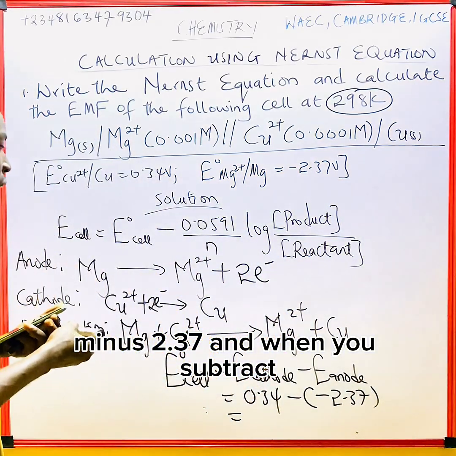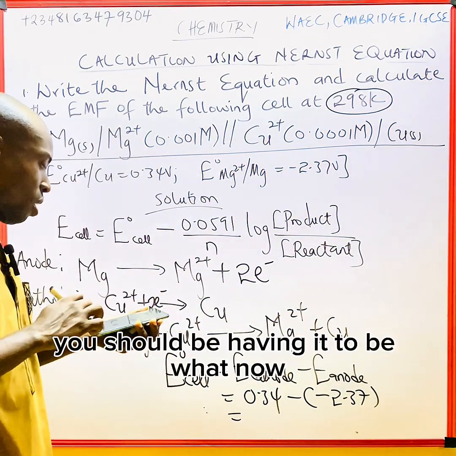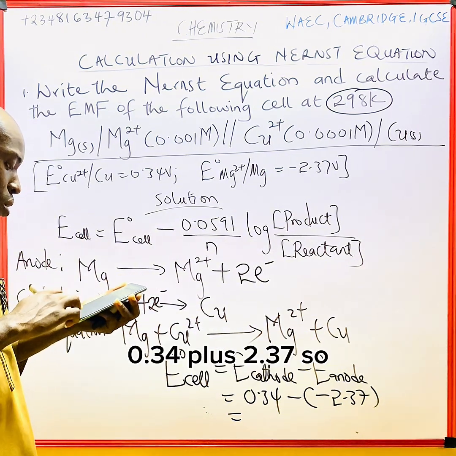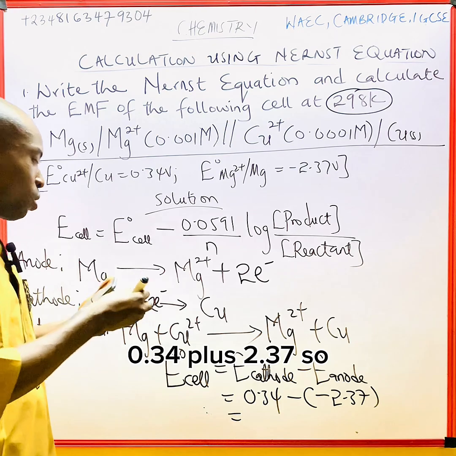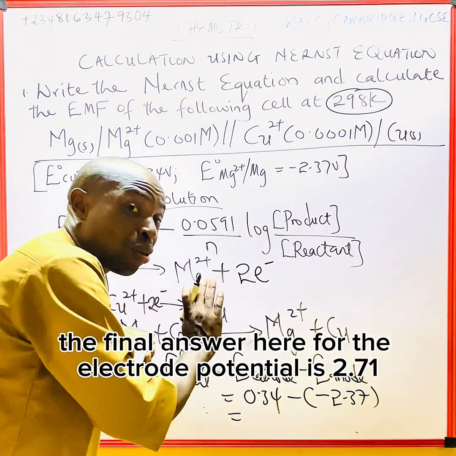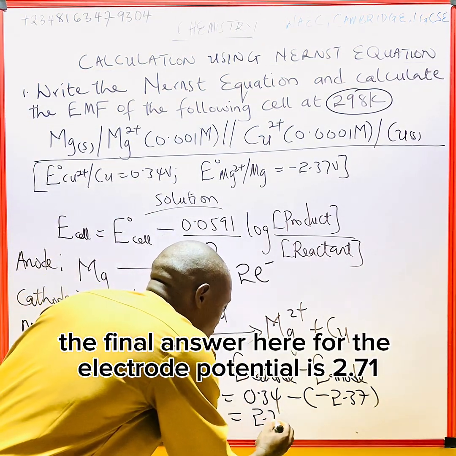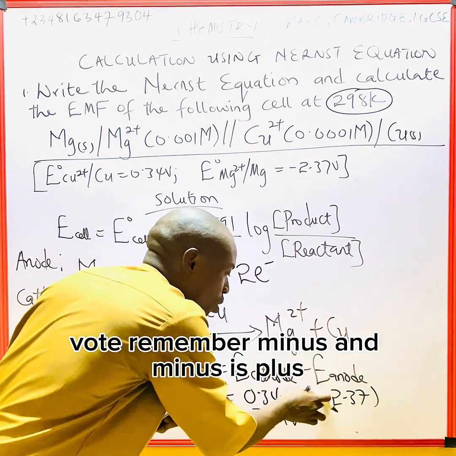So when you subtract, you should have 0.34 plus 2.37. So the final answer here for the electrode potential is 2.71 volts. Remember, minus and minus is plus.